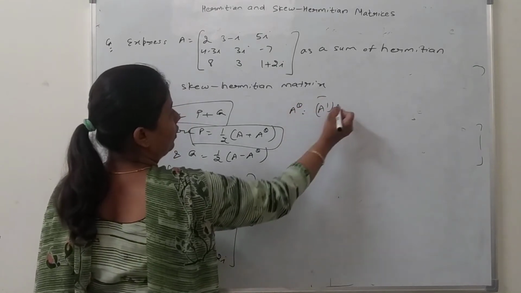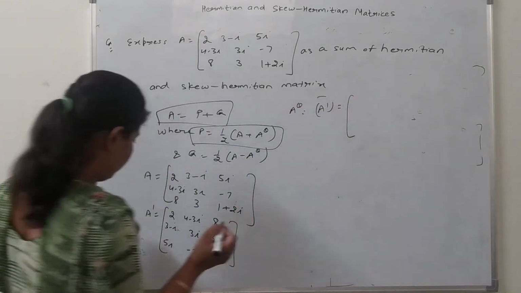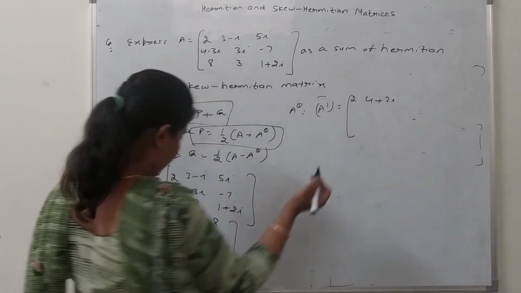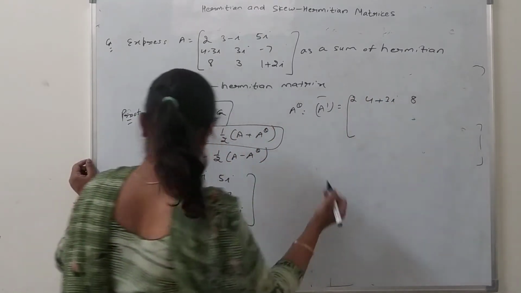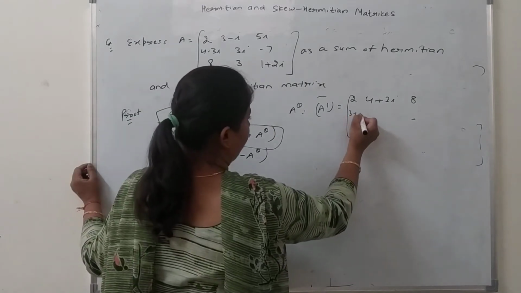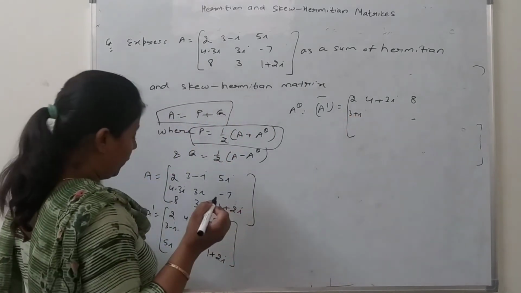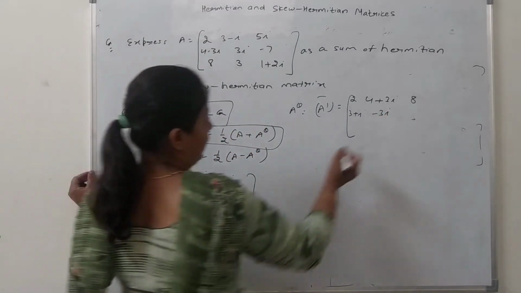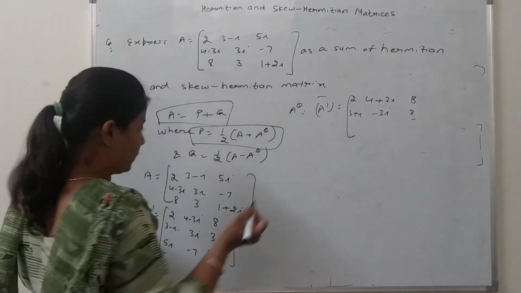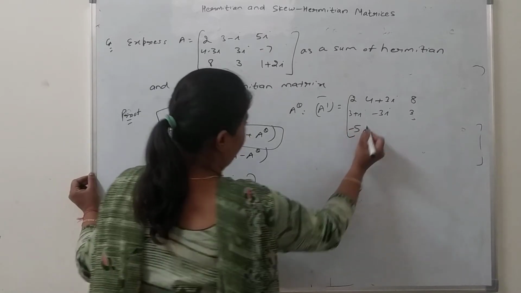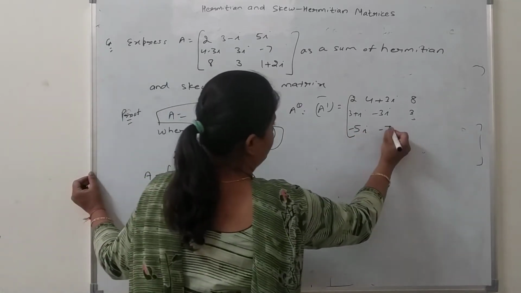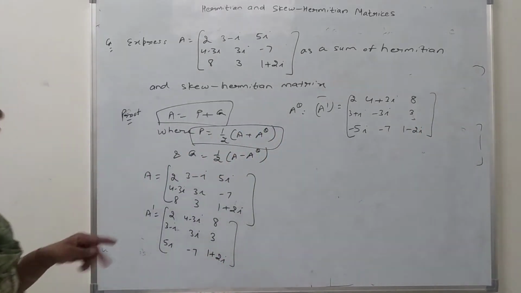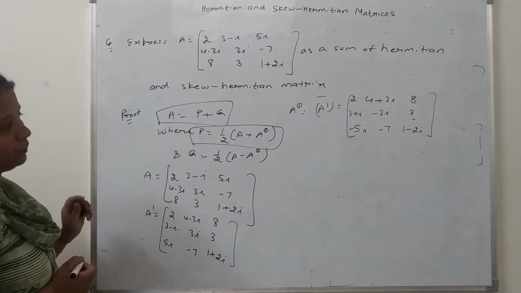It will become A theta: 2, 4 plus 3 iota, 8. When we take the conjugate, we change the sign of the imaginary part of all the complex numbers as elements of the matrix. Minus 5 iota, minus 7, 1 minus 2 iota.